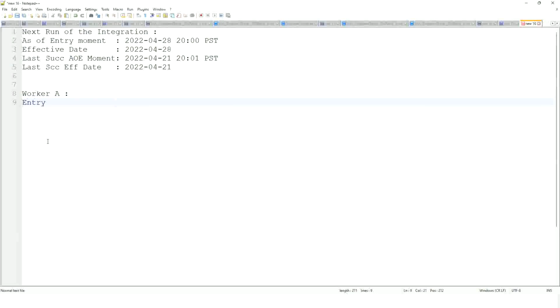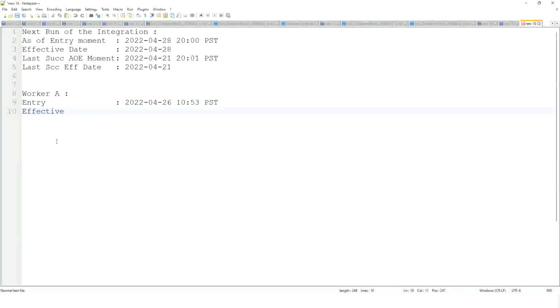So entry was made on 2022-0426, at 10:53 p.m. PST.